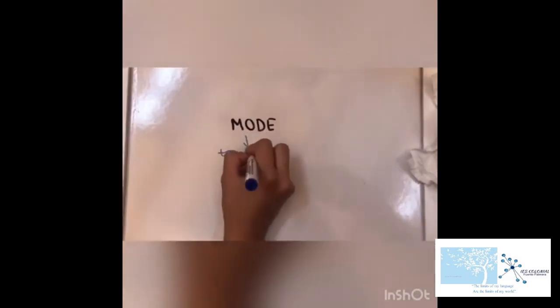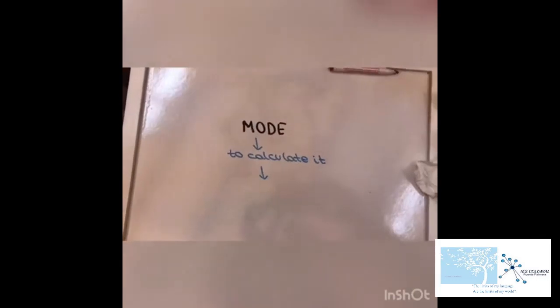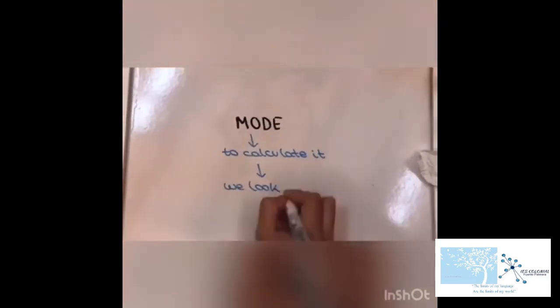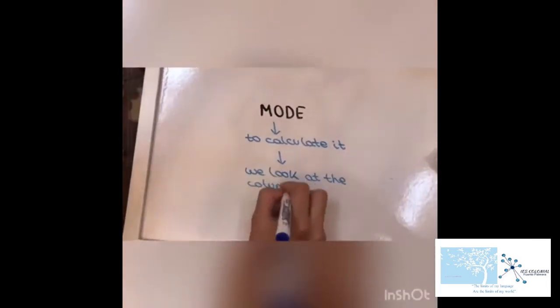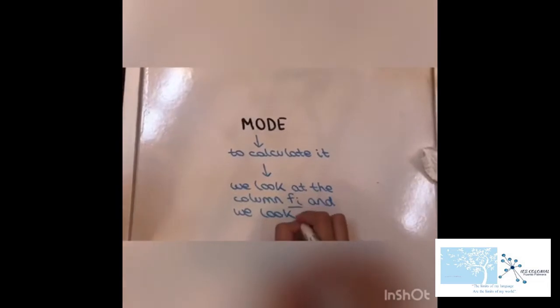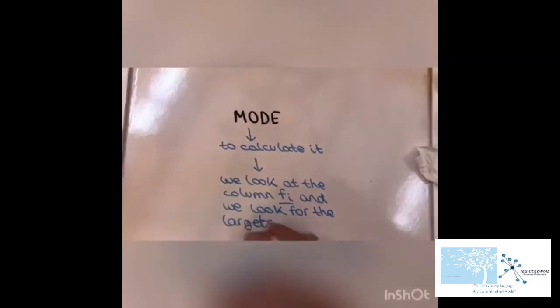Mode. The mode is the value that appears most frequently in one of the data distributions. To calculate the mode, we look at the column fi and we look for the largest number, whose corresponding xi will be the mode.